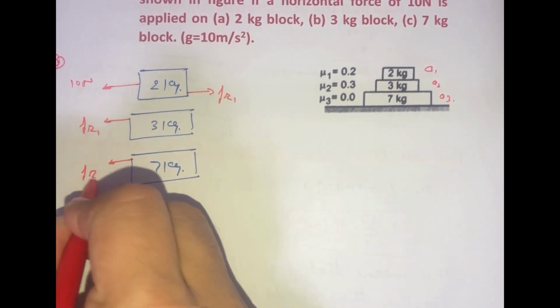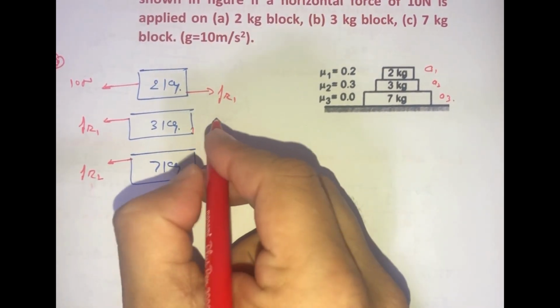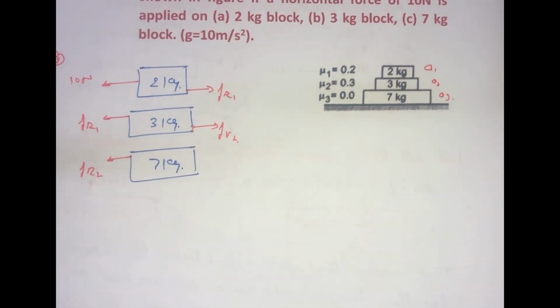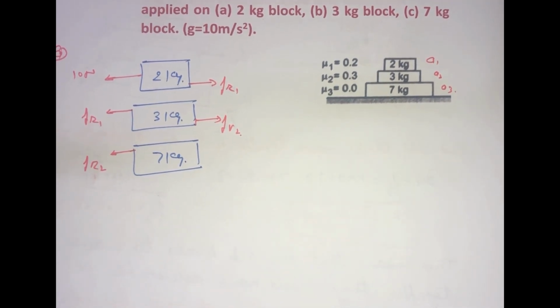Let us call this FR2 force, and we have here also FR2. So these are the forces acting for the first case when 10 Newton is applied on the 2 kg block.